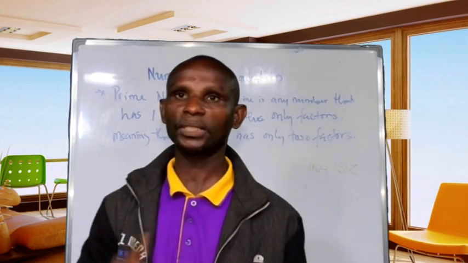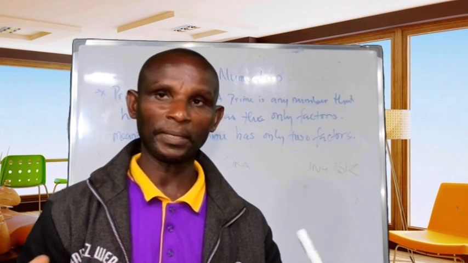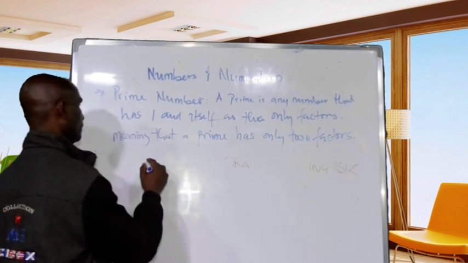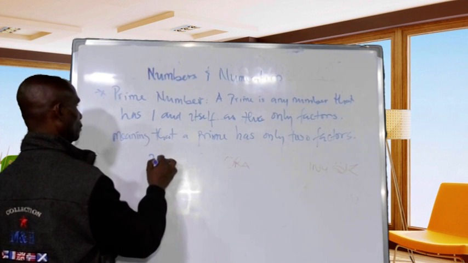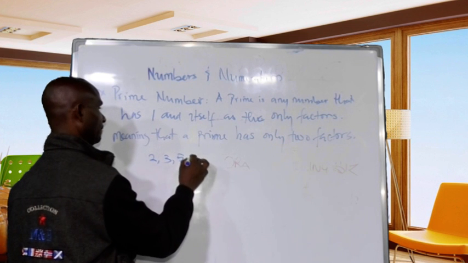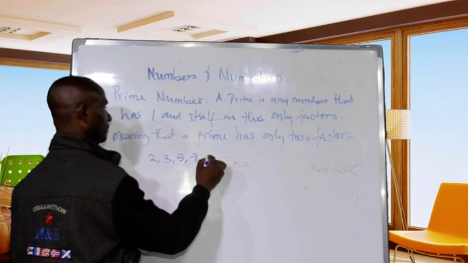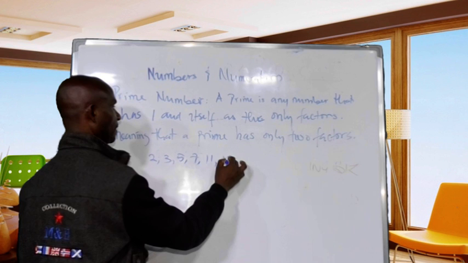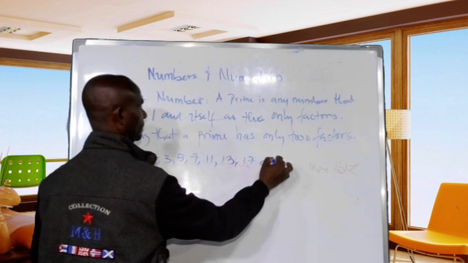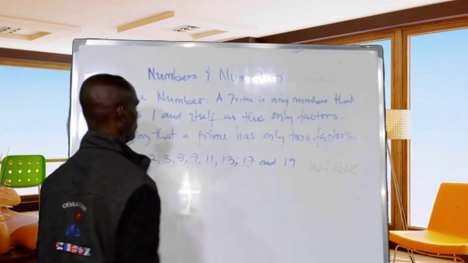A prime number has only 2 factors. The prime numbers between 1 and 20 will just have 2, 3, 5, 7, 11, 13, 17, and 19.